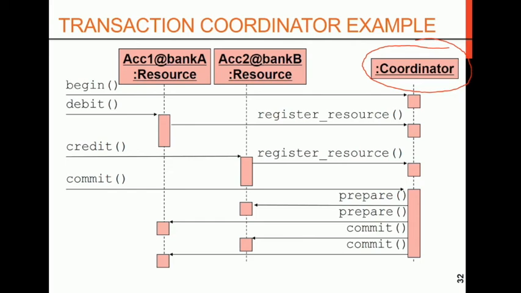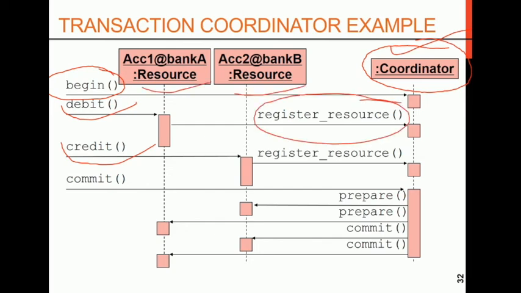For example, in component-based middleware like J2EE, there's a command called begin, which starts the coordinator, and then all the operations, for example debit and credit, which are initiated on these resources, are automatically registered with the coordinator because they're placed within the context of a transaction.